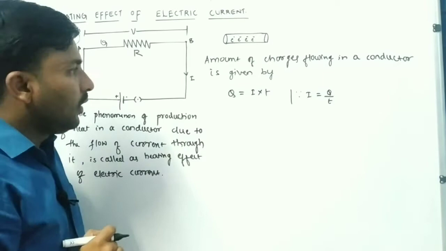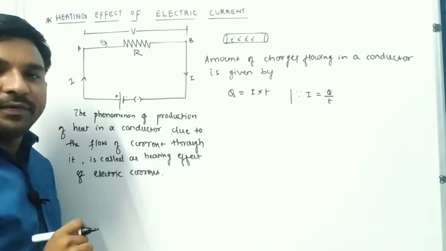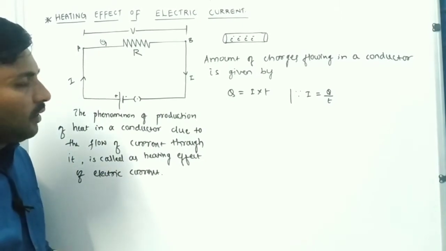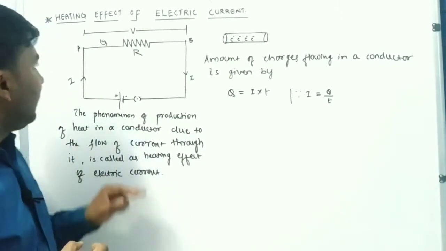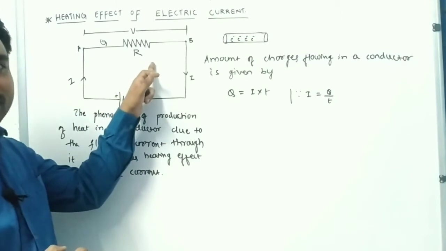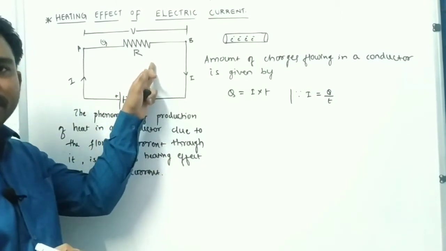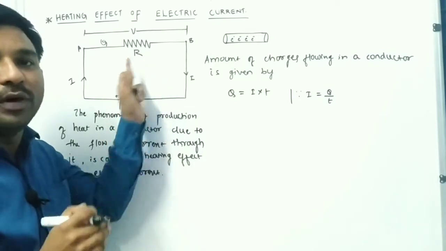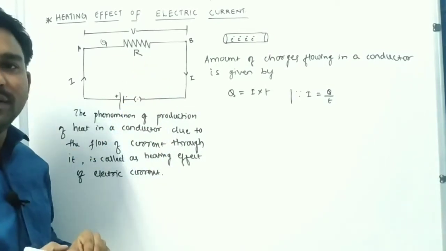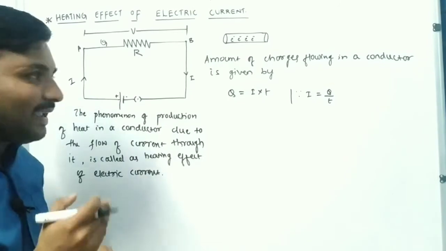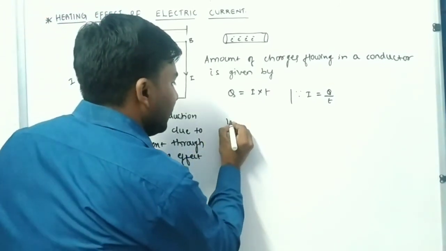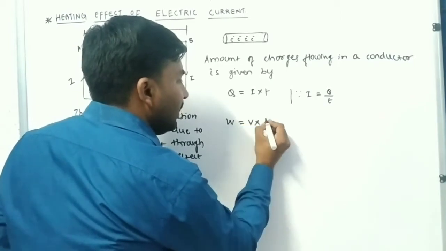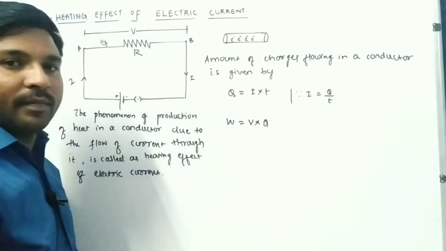Right. Now, what about the potential difference? Here we have applied the potential difference, that is V. Now you know that here the charges are in motion, which means there is work done. To move the charges, there should be work done. So the work done to move the charges can be written as W is equal to V into Q. Correct?